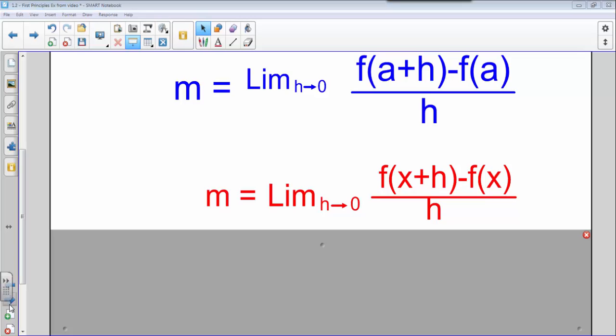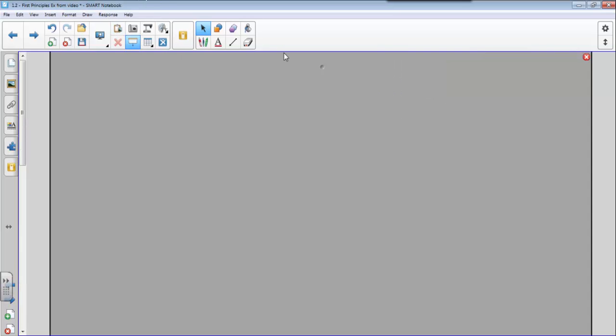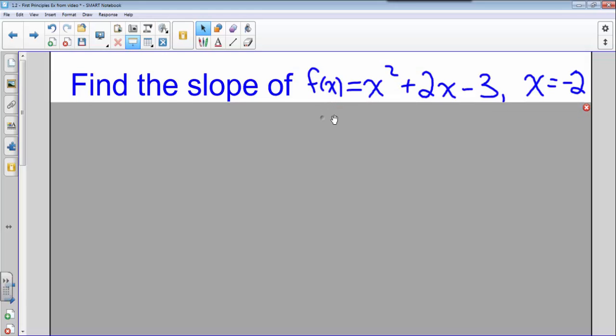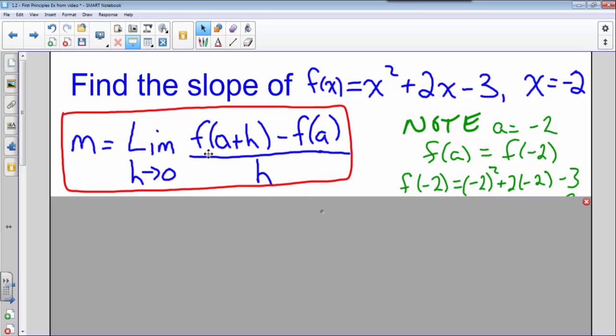So, I'm going to go with one example here. Essentially the question says find the slope of this at the point x equals negative 2. And the slope formula that we'll use is the limit one. Okay, so again, recognizing that this is the y value that is a point a little bit away from our x value that we're interested in.